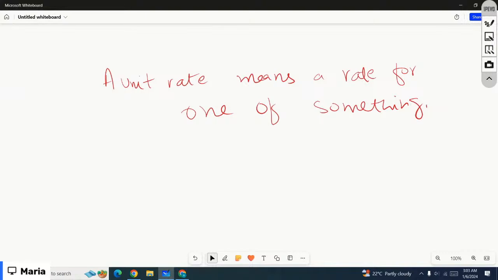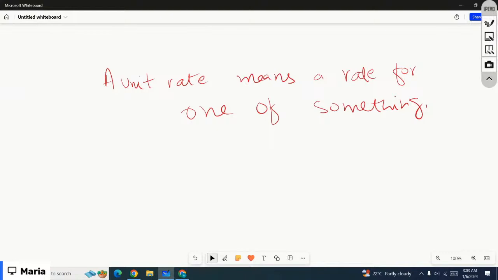So, the price of the one thing. For example, you are given the price of 10 pencils is $5. You have to calculate the price of one pencil. That is the example of the unit rate because you're given the price of 10 pencils and you have to calculate the price of the unit pencil. Unit pencil means one pencil, right?